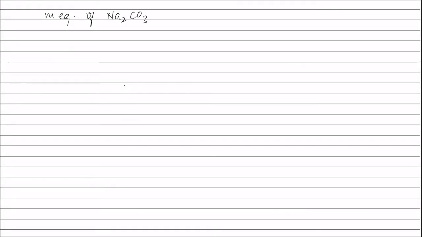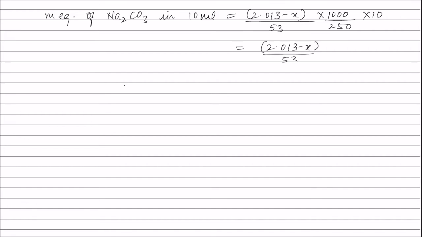Therefore, milli-equivalents of Na2CO3 in 10 ml of solution is equal to 2.013 minus x divided by 53 into 1000 divided by 250 into 10 milli-equivalents. This is equal to 2.013 minus x divided by 53 into 40 milli-equivalents.